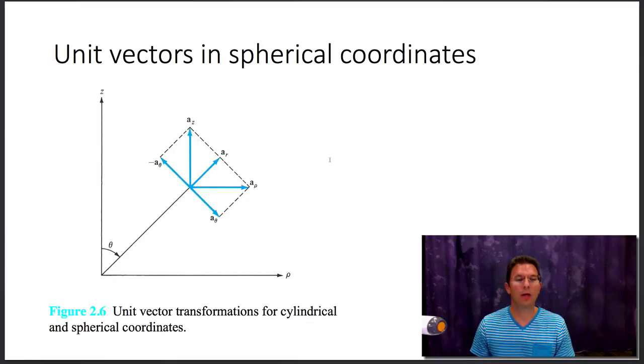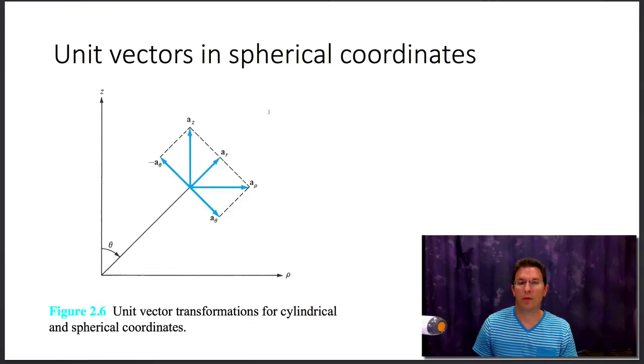If you look here at this diagram, here we've got the theta hat vector and the r hat vector from spherical coordinates, and we have the z hat vector and the rho hat vector from cylindrical coordinates. And all you really need to notice here is if you imagine a vector that's lying in the rho z plane here, it's going to be a two-dimensional vector.